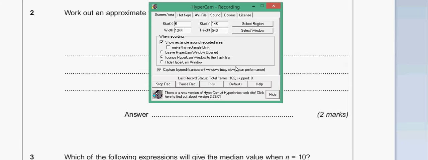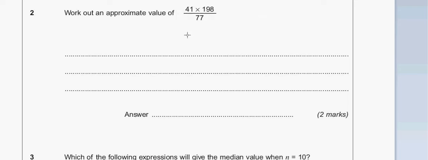Okay, so question 2, work out an approximate value of 41 times 198 divided by 17. Okay, so it says, this is the clue here, the approximate value. So they only want to know roughly what is the value. So we just round these numbers, and examiners are quite happy with this.